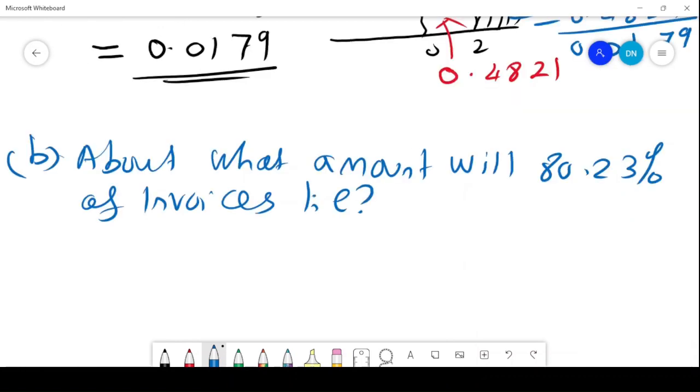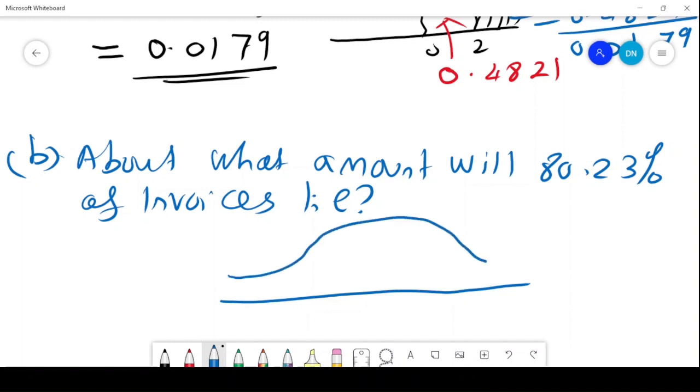Part B, about what amount will 80.23% of invoices lie? And this is what we are interested in, which is 900. Where will 80% of the invoices lie?